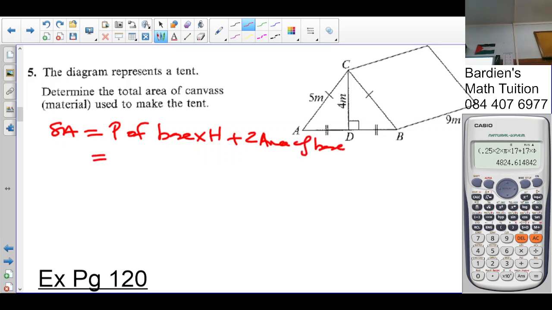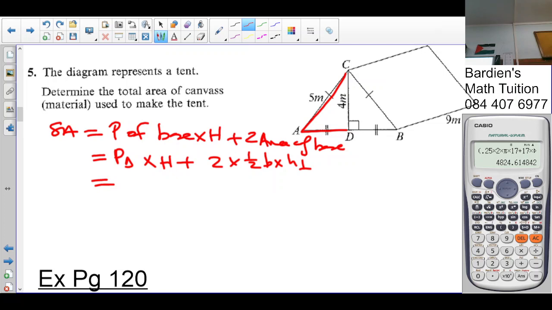So what type of shape is this base? Triangular base. So the perimeter of the triangle times height plus twice the area of the base, which is half base times perpendicular height. The perimeter, if I start here, is 5 plus an unknown.